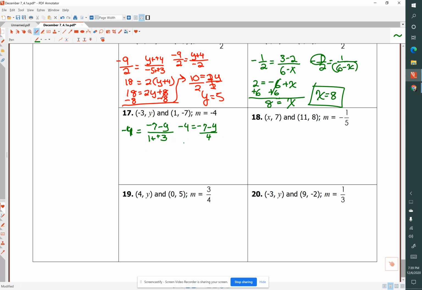So let's rewrite this. Remember negative 4 is negative 4 over 1. So we have negative 4 times 4. We're multiplying across, cross multiplying. Cross products, remember that?